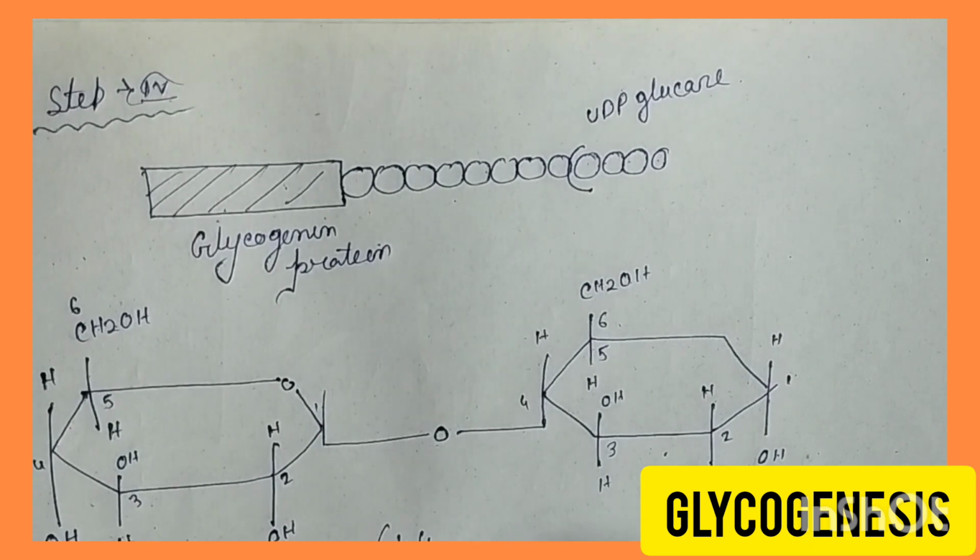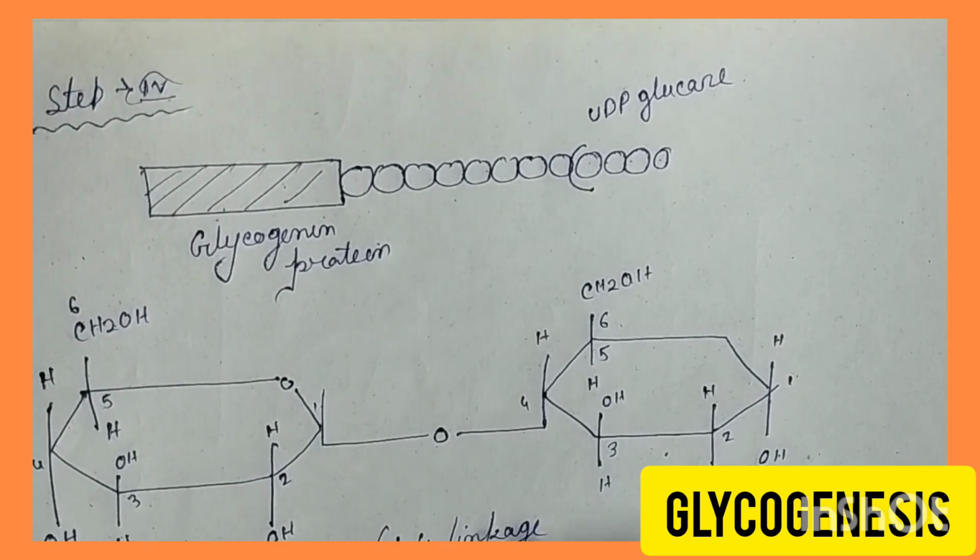This 1,4 linkage is created by using the glycogen synthase enzyme. The projections of the glucose molecule create a branch of 1,4 linkages.